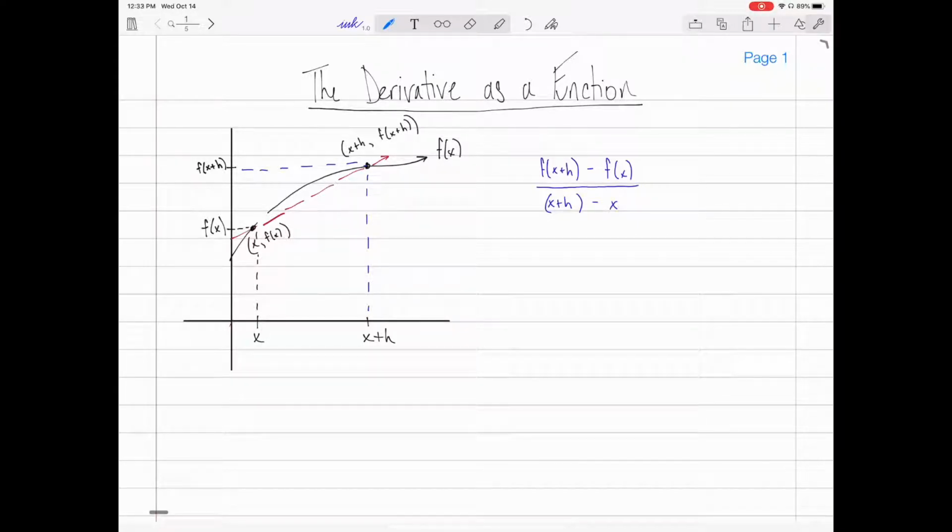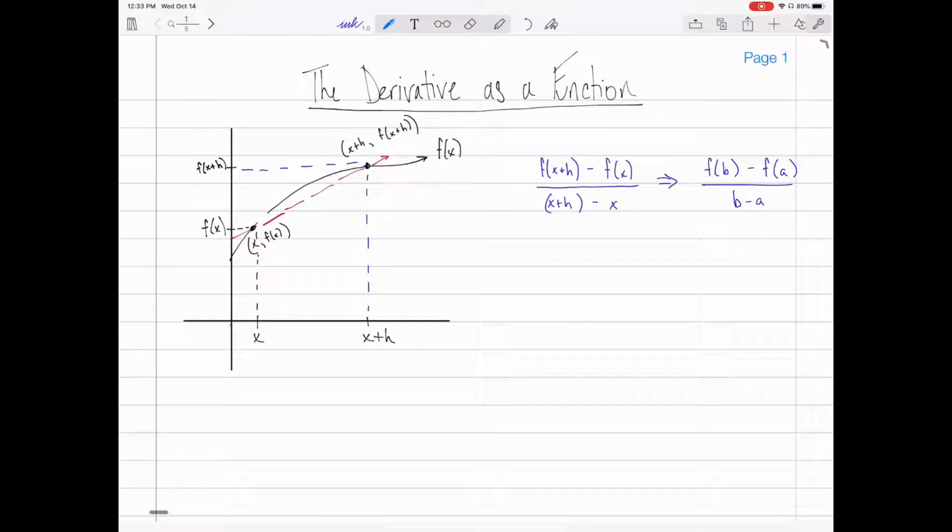Another way to look at that: from pre-calculus, the notation is usually f of b minus f of a divided by b minus a.